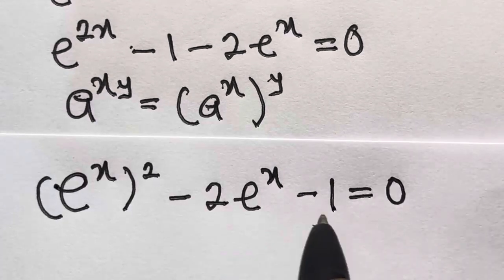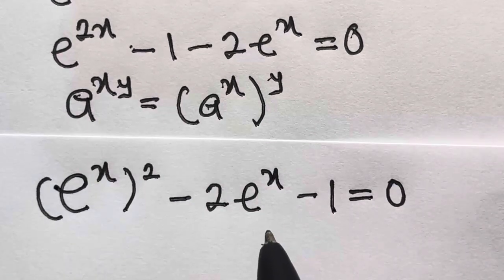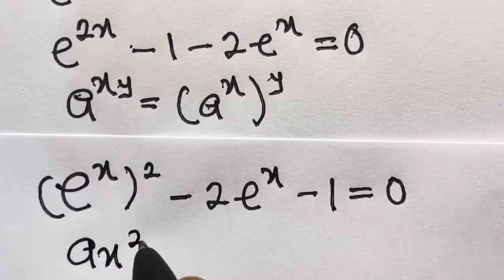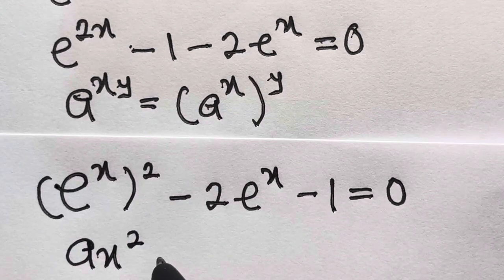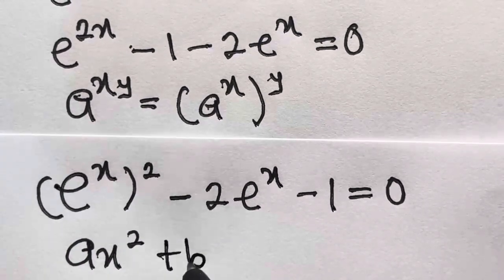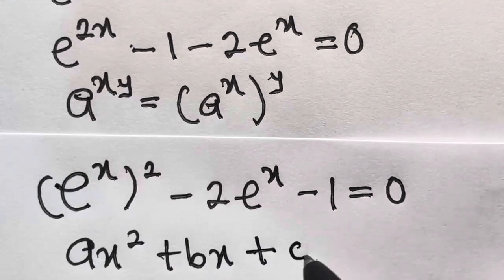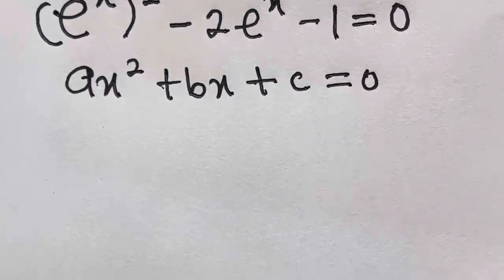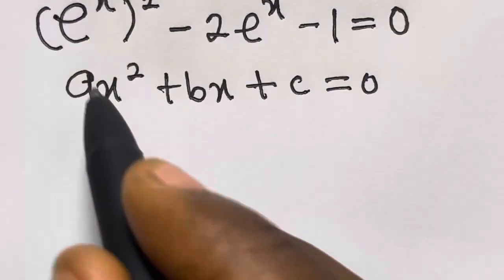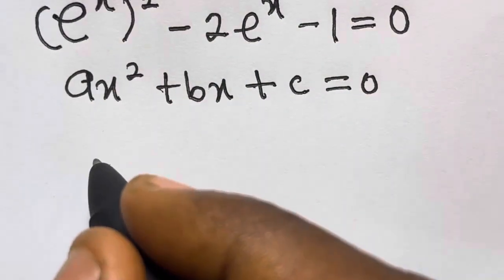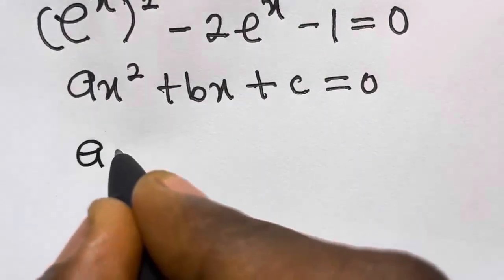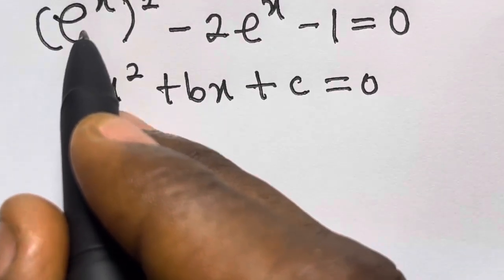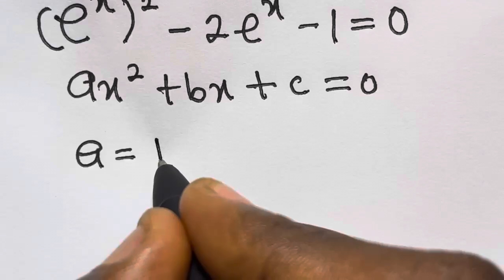If you look at this, you see that this is a quadratic equation of the form ax squared plus bx plus c equals 0. So from here, if you compare this, you declare that our a, the coefficient of x squared, which is the coefficient of (e^x) squared, is 1.